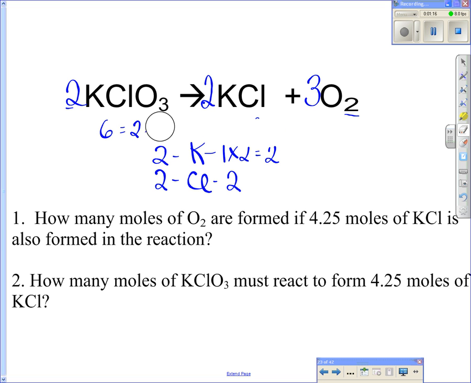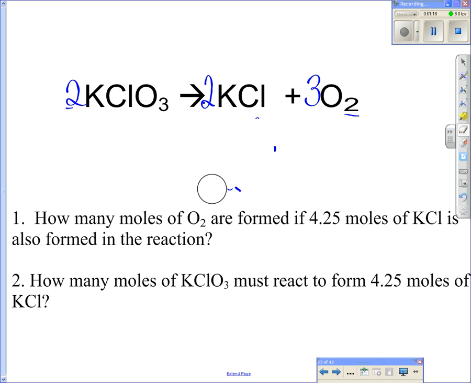So now I have my balanced equation. The next thing I'm going to look for is my superstar. To figure out the superstar, I have to look in my problem.